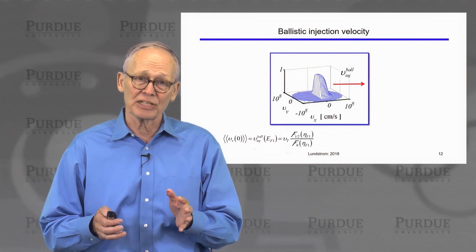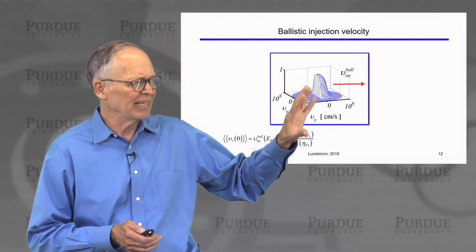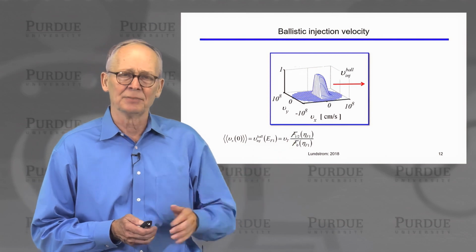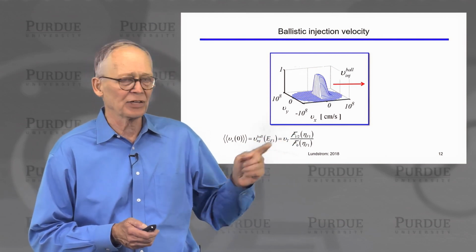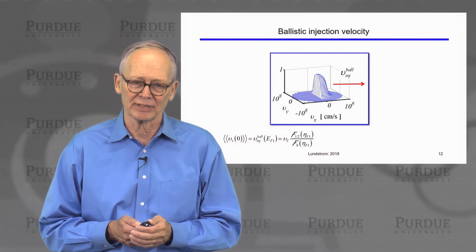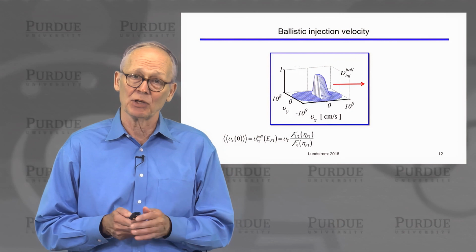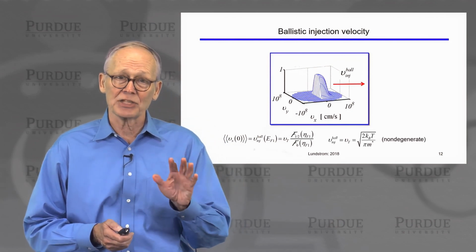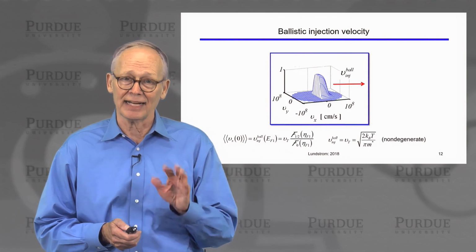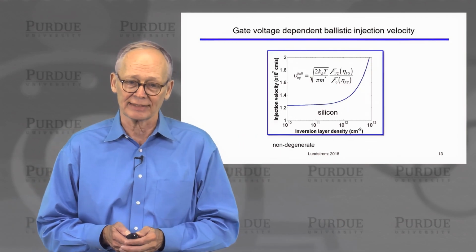Now, we can do the calculation more generally with Fermi-Dirac statistics, and you'll see that it involves some Fermi-Dirac integrals which depend on the location of the Fermi function with respect to the bottom of the conduction band. And that can become important, especially when we go above threshold. The unidirectional thermal velocity is the non-degenerate limit of this more general ballistic injection velocity.